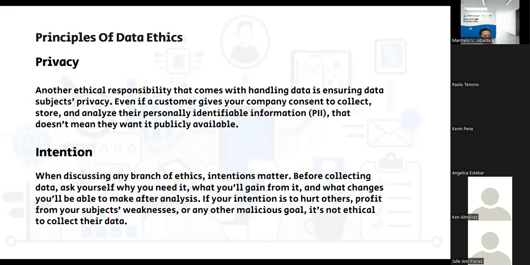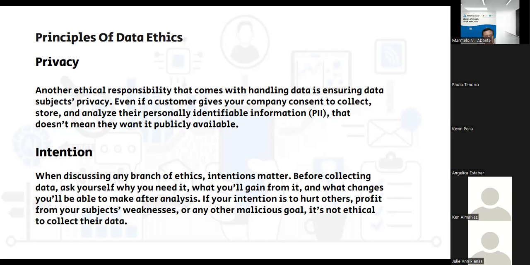So next is the outcome. Even when intentions are good, the outcome of the data analysis can cause inadvertent harm to individuals or groups of people. This is called disparate impact, which is outlined in the Civil Rights Act as unlawful. In the Data Science Principles course, Harvard professor Latanya Sweeney provides an example of disparate impact. When Sweeney searched for her name online, an advertisement came up that read, Latanya Sweeney arrested. She had not been arrested, so this was strange.